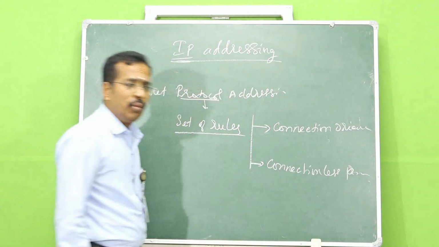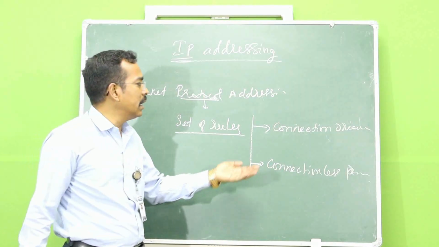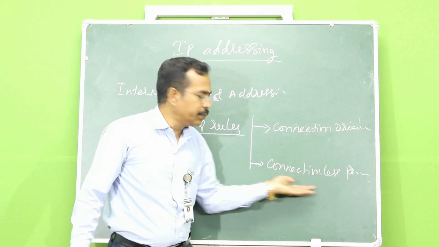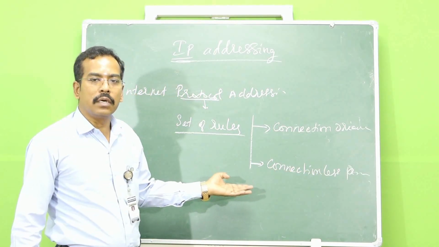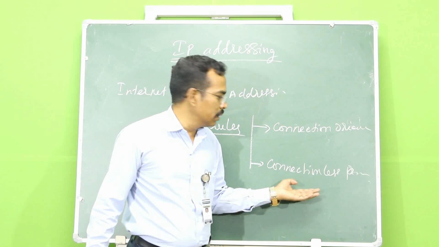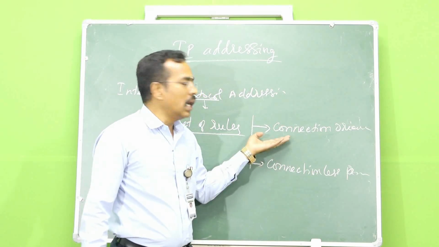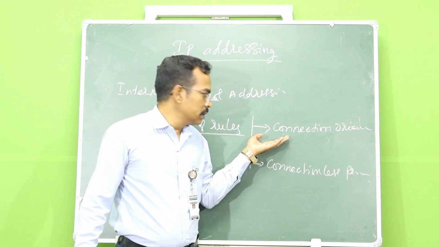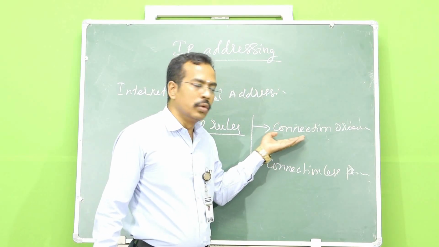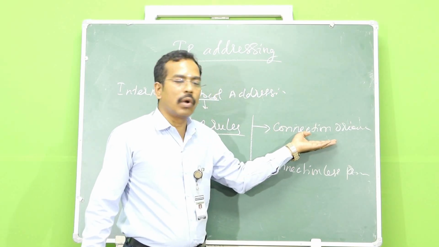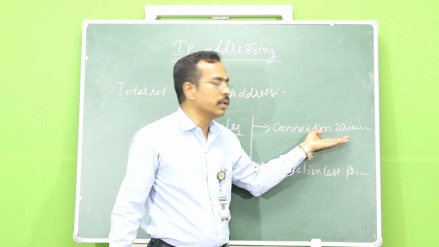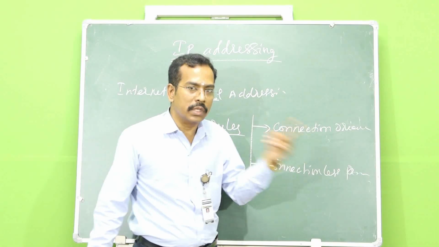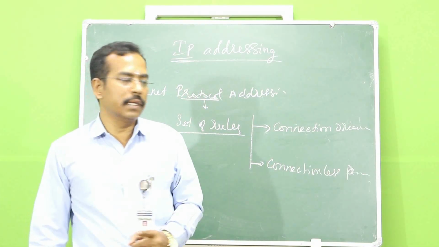Normally what we feel is that when the system is communicating through a wireless medium, it is called a connectionless protocol, and when we are using a wired network, which is called guided media, it is called a connection oriented protocol. That is wrong. It is not that case.